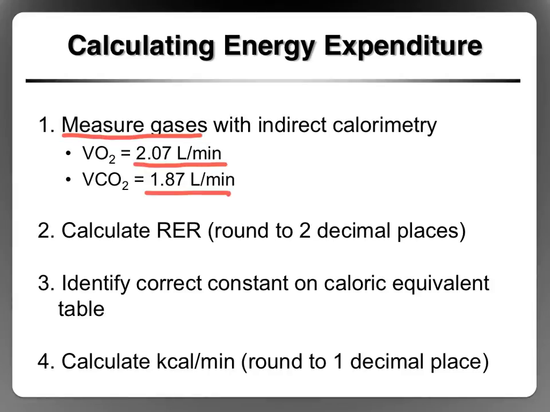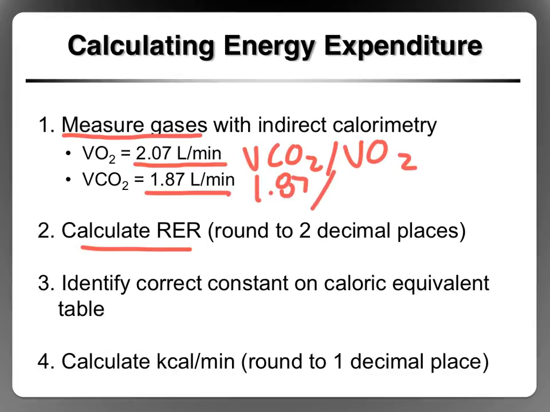Okay. Step 2, calculate RER. Okay. So to calculate RER, you need to know the formula. This is something you're going to need to memorize. Okay. It's VCO2 over VO2, okay, which is, in this case, 1.87 divided by 2.07.